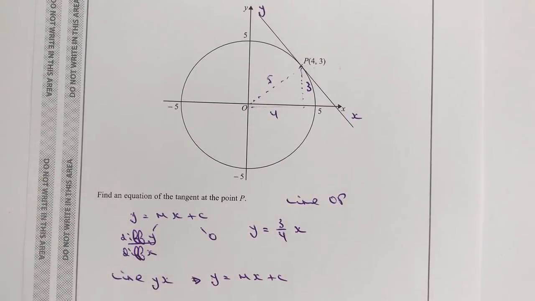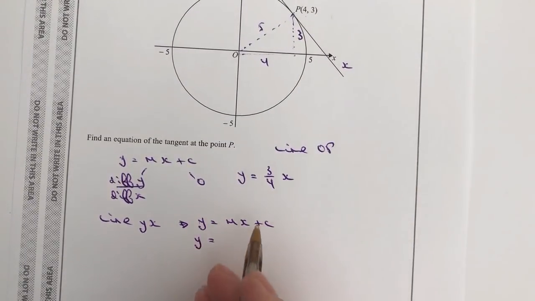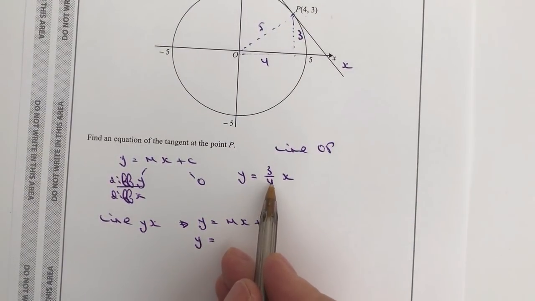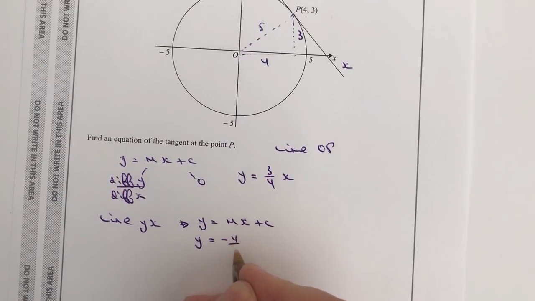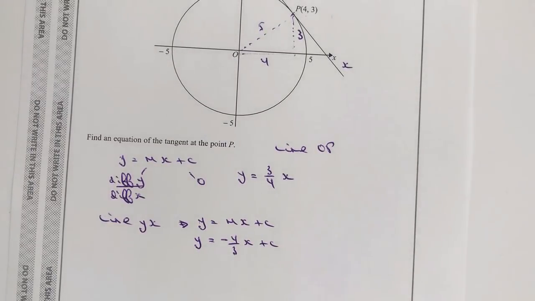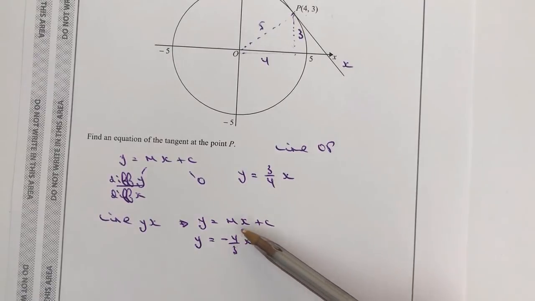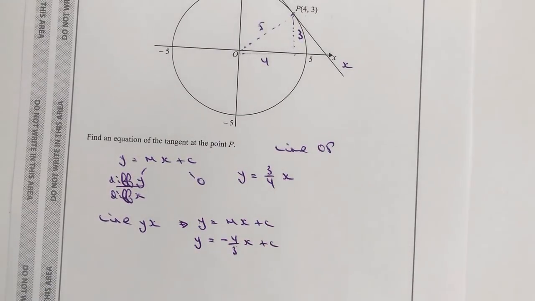Now the gradient is the negative reciprocal of that, which is going to be minus 4/3 x plus c. Okay, and that's an important principle. You need to remember that where gradients meet as a perpendicular, they are the negative reciprocal.